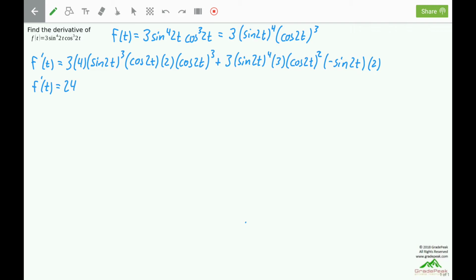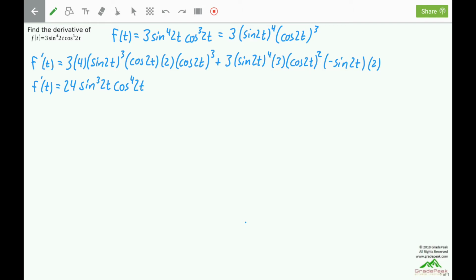We have 3 powers of sine, so I will write that as sine cubed of 2t. I have no need to write it as quantity to a power anymore. That's only for the derivative. Now I can write it back as sine cubed 2t. And I have 1 plus 3 more, a total of 4 powers of cosine. Cosine to the fourth of 2t.